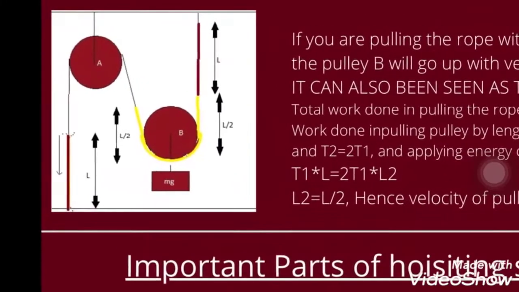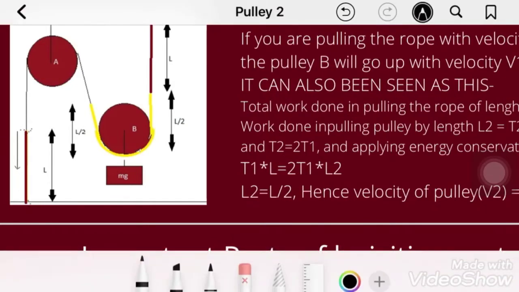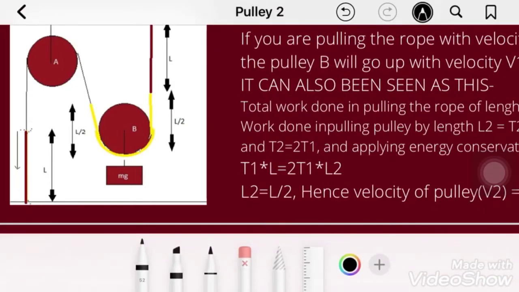So the question was, what will be the velocity of this pulley if we are pulling this rope with a velocity V1? Let us see here. We have pulled this rope by a length L. So this part will come here and this part will come here.